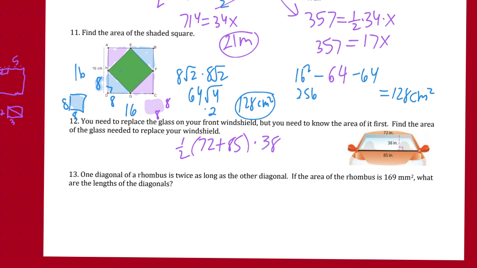If you type that in your calc, I haven't done it yet, I'm going to do 0.5, parentheses, 72 plus 85, parentheses, and then times 38. Oops, I did just times 8. How about if we take it times 38? And you get a whopping 2983, and that's going to be inches squared.